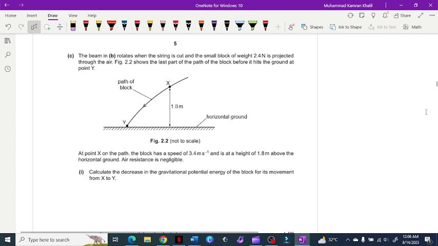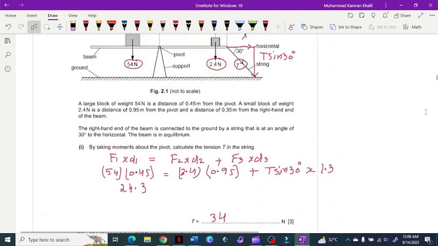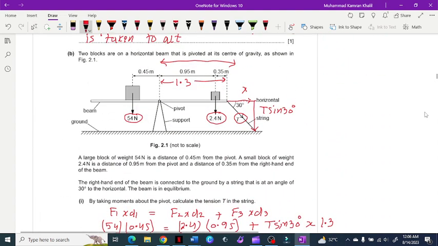The beam is rotated when the string is cut and the small block of 2.4 Newton is projected through the air, like this. When we cut this string, what will happen? This load will be projected like this, because the anti-clockwise moment will be greater, so this load will move in a projectile motion.